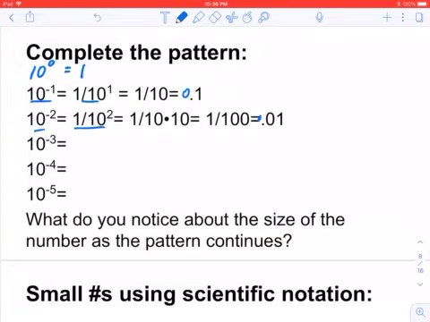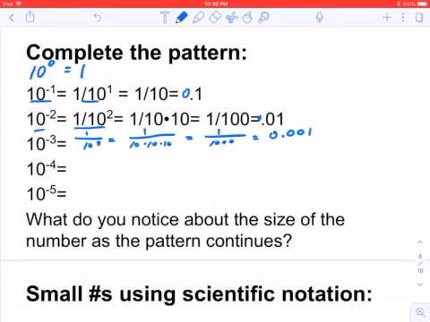So 10 to the negative 3 is 1 over 10 to the third power, which is equal to 1 over 10 times 10 times 10, which is 1 over 1,000, which is 1/1,000th.